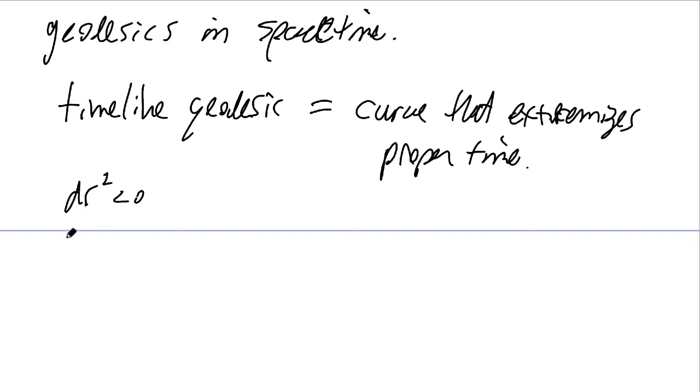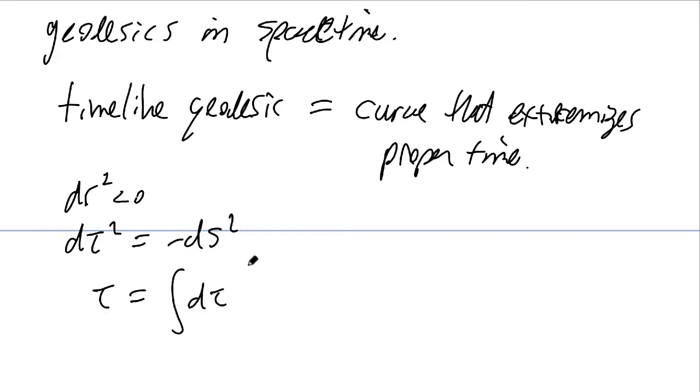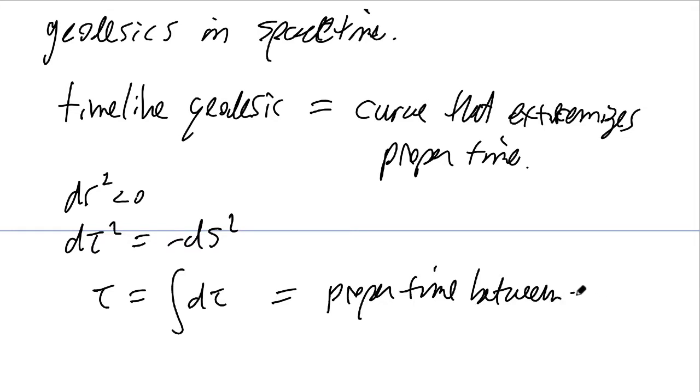So we define d tau squared as minus ds squared, which is positive. And d tau is the proper time separation between two nearby events. Now if we have two events that are not close to one another, the proper time is just obtained by integrating d tau. So this is the proper time between events, and this is what we look to extremize for a timelike geodesic.